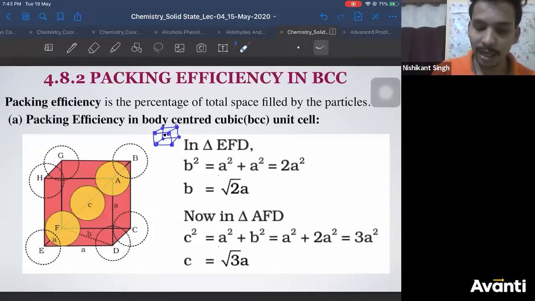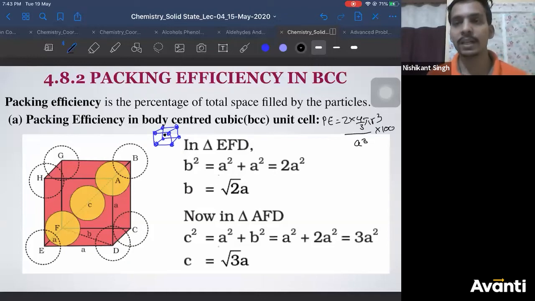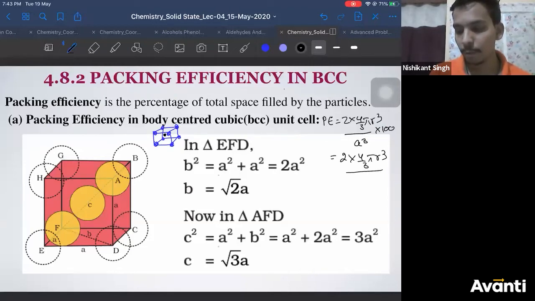So the packing efficiency formula remains the same: Z into 4 by 3 pi r cube divided by a cube into 100. Now all of us know the Z value. For BCC, Z value is 2. From our previous knowledge, we know Z is 2 for BCC.